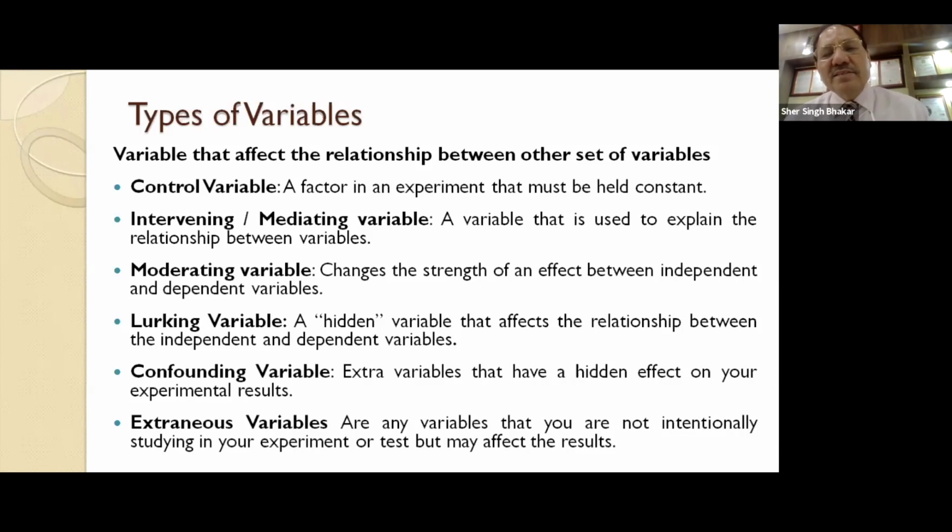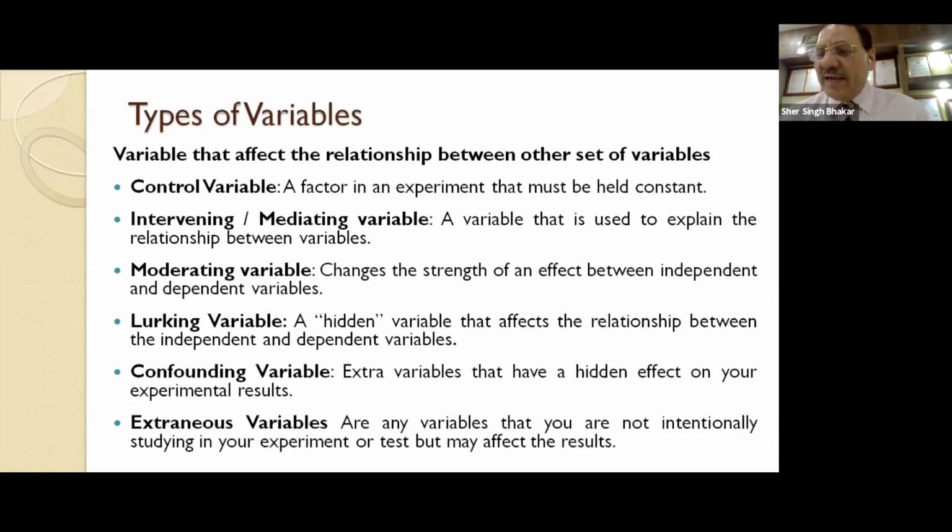It has been changed. It has been affected by another variable that is not part of our study. So whenever we carry out a study, there are variables that are not part of our study, and they may affect the relationship or results. We need to control for them so that the results are not affected by them.